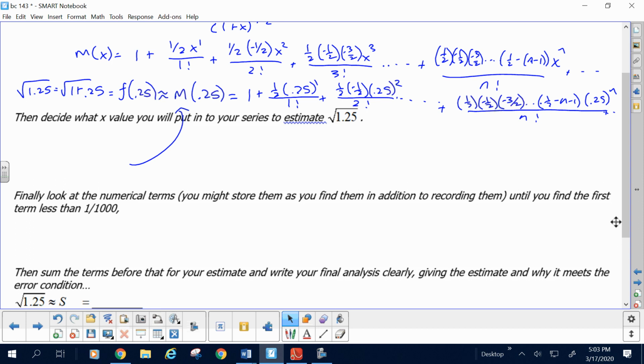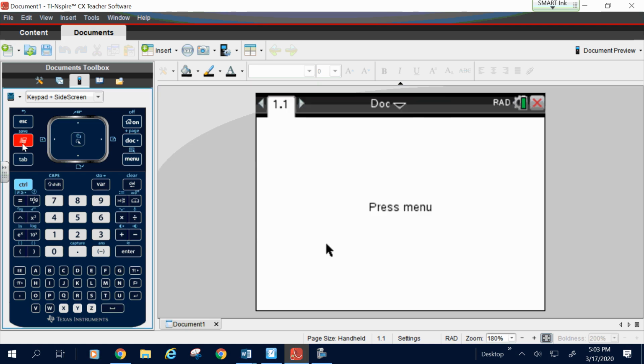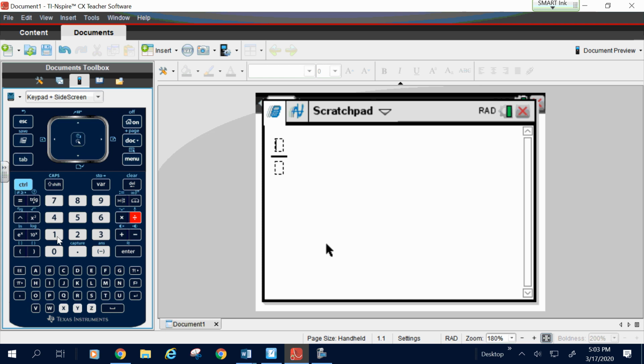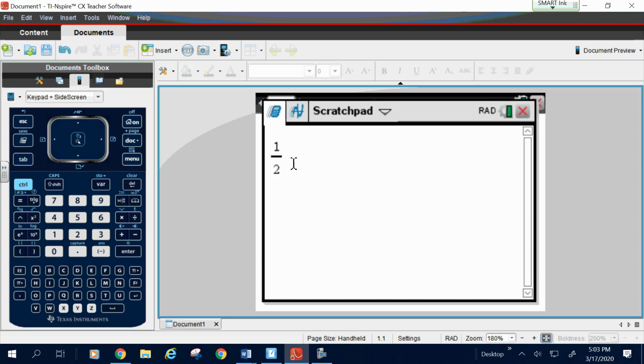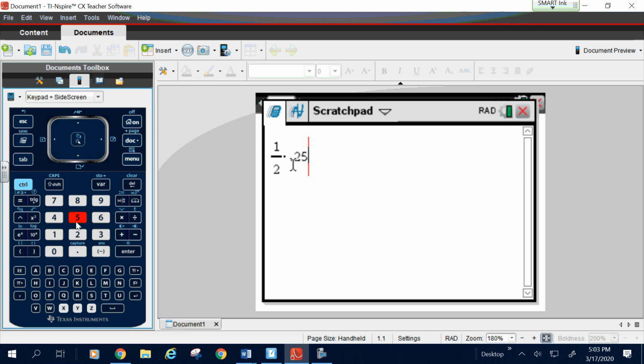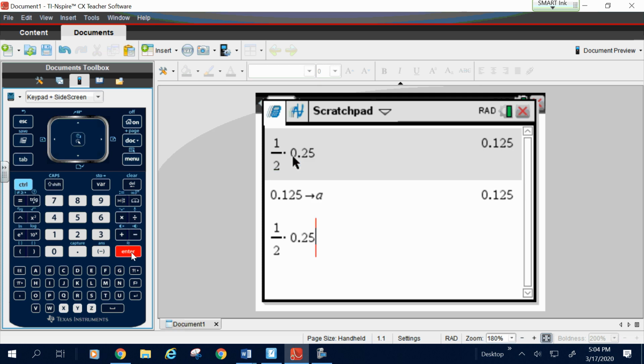So if I start with 1/2 times 0.25, that's probably not less than 1,000th, but I am going to store it to A. Now, you can keep retyping as you go, that's fine, but it's a little more expedient to take what you had and then bring in what's new.